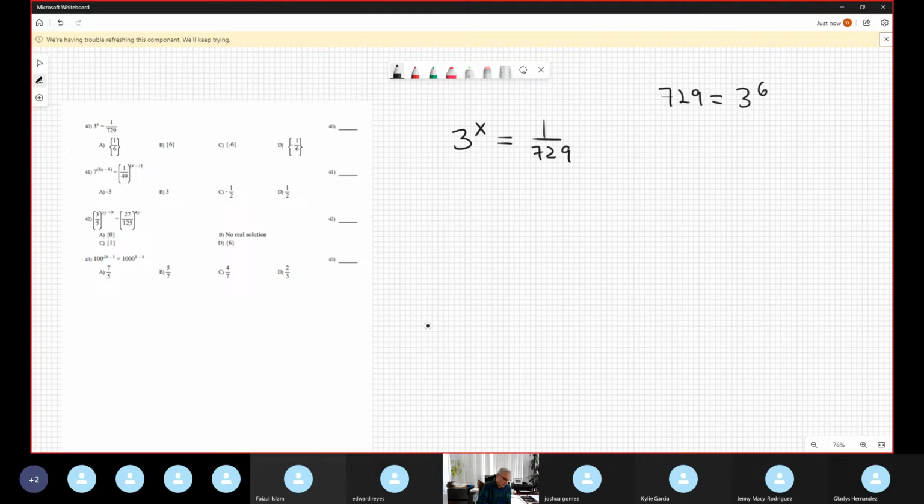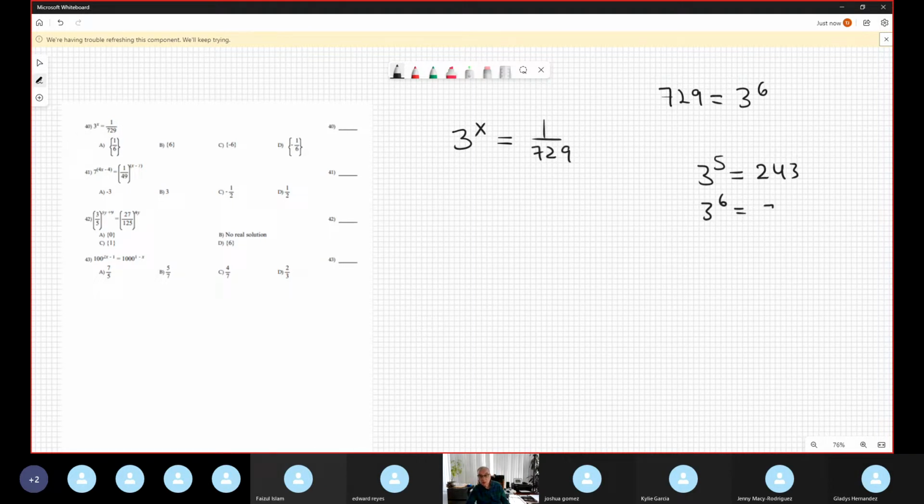Bueno, 3 times 3 is 9. Times 3 is 27. And 3 to the 4th power is 81. And 3 to the 5th power is 243. And 3 to the 6th power is the famous 729.